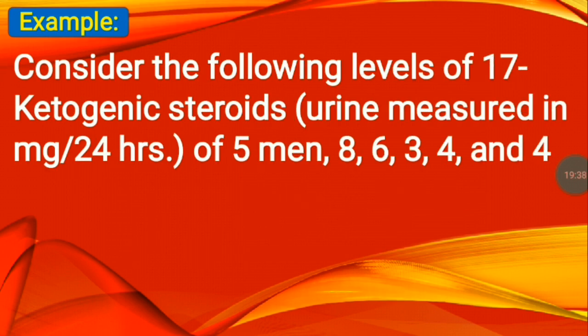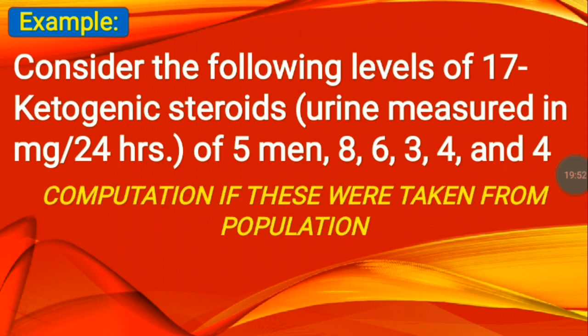Now consider the following levels of 17 ketogenic steroids in urine, measured in milligrams per 24 hours, of 5 men. You have 8, 6, 3, 4, and 4. Let's try to compute if this were taken from a population. So we have to always bear in mind whether we are given population or sample data.